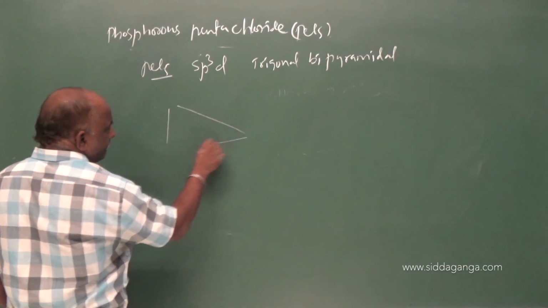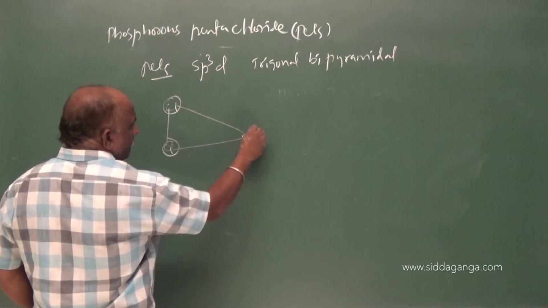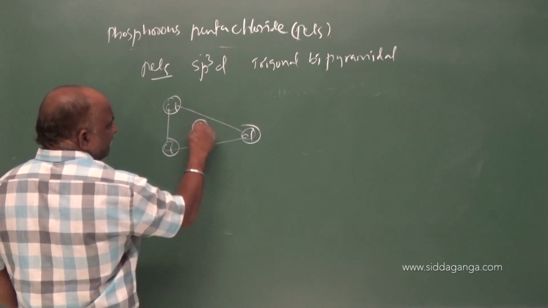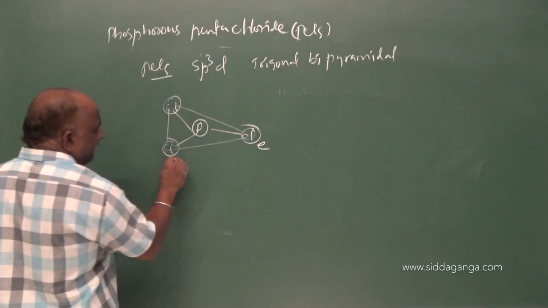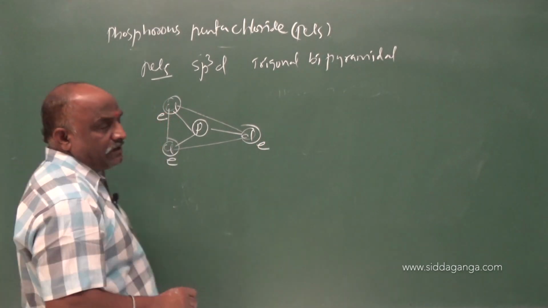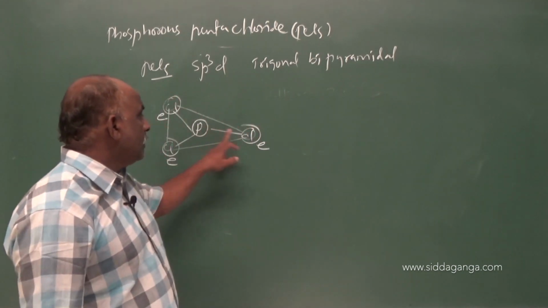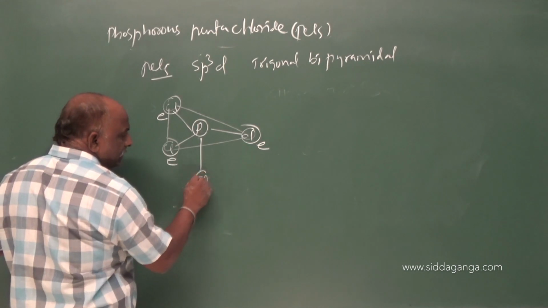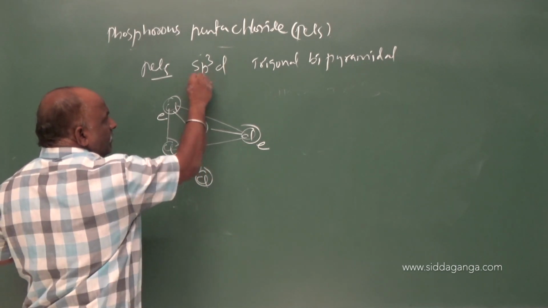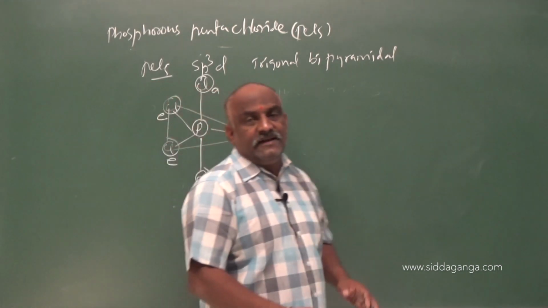It is chlorine, chlorine, chlorine, and phosphorus. These three chlorines are E, said to be equatorial. These are the 3 equatorial PCl bonds, and the remaining 2 chlorines like this are considered as axial.